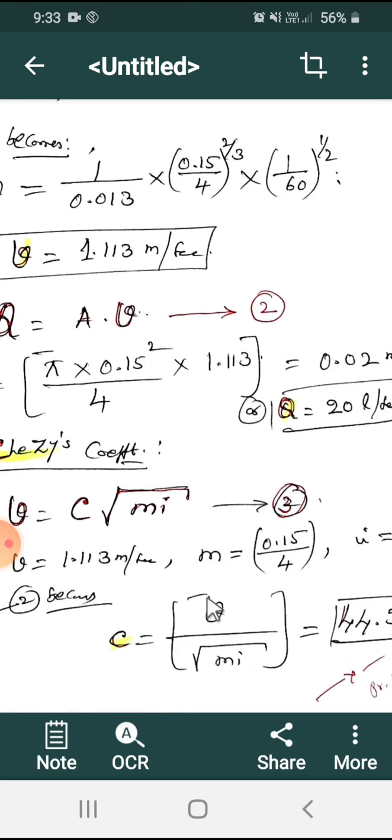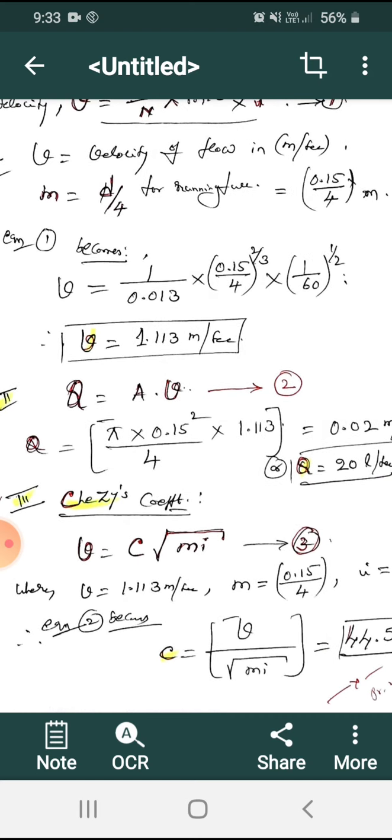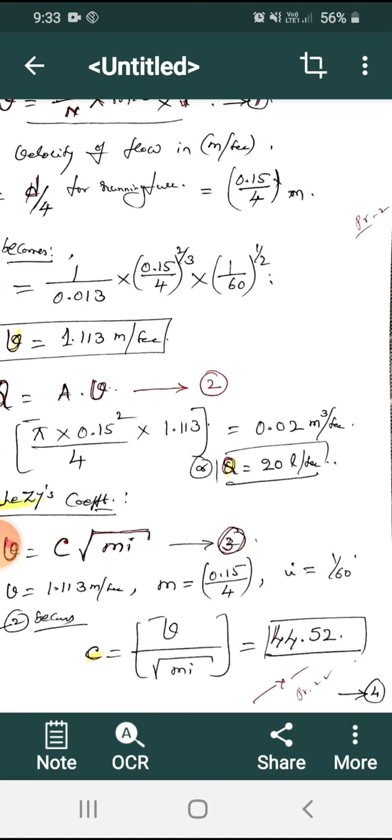Now substitute all the values in this equation, where V is already determined, and M is equal to A by P, which is D by 4. This is what we got, 0.15 divided by 4. Next, the I value, I is equal to 1 by 60.